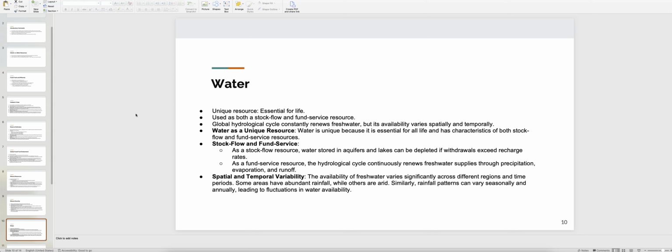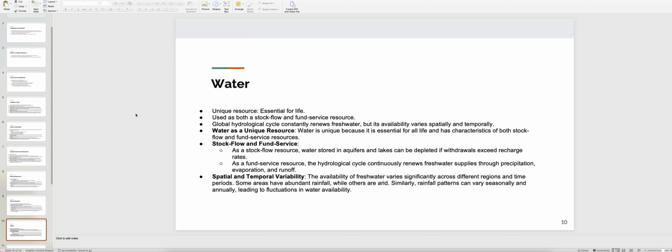By that we mean that as a stock flow resource, we talk about that process where water can be stored in an aquifer to be extracted, for instance, by a municipal water company to extract that purified water once it's taken care of.